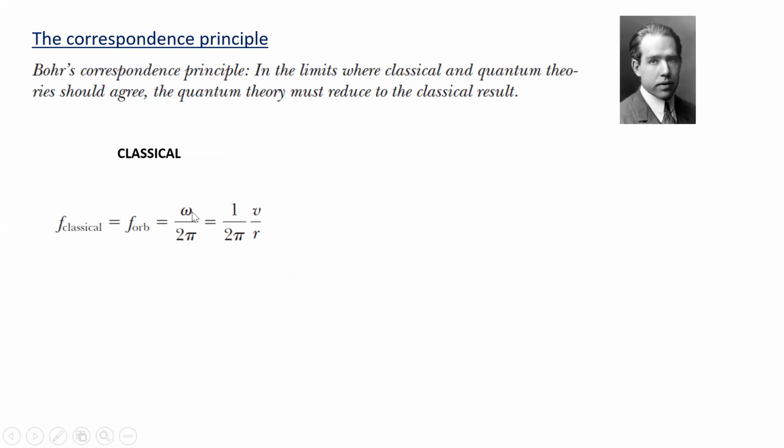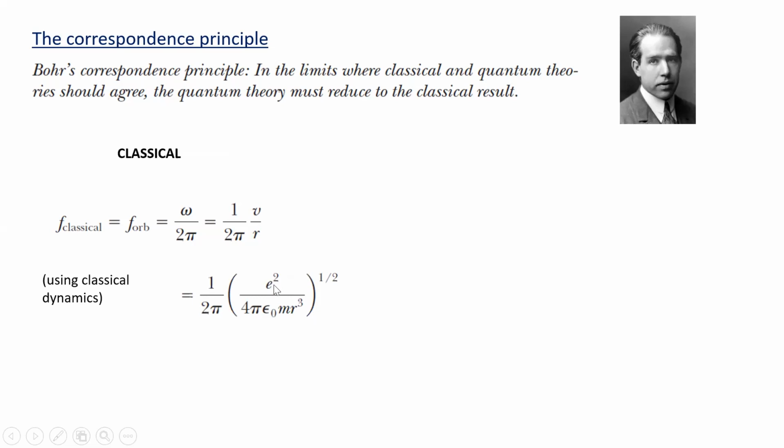And then omega is v over r, because v is equal to r times omega for circular motion. And then using classical dynamics, we can substitute in for v, and we have the 1 over 2 pi here. We keep the r, and v we just get from the Newton's law formula mentioned earlier.